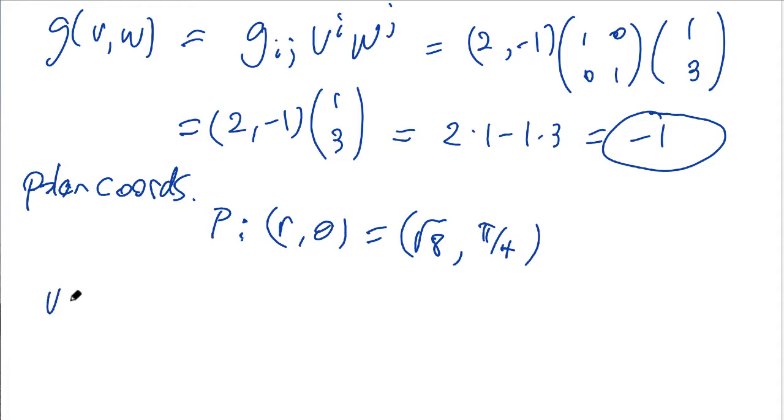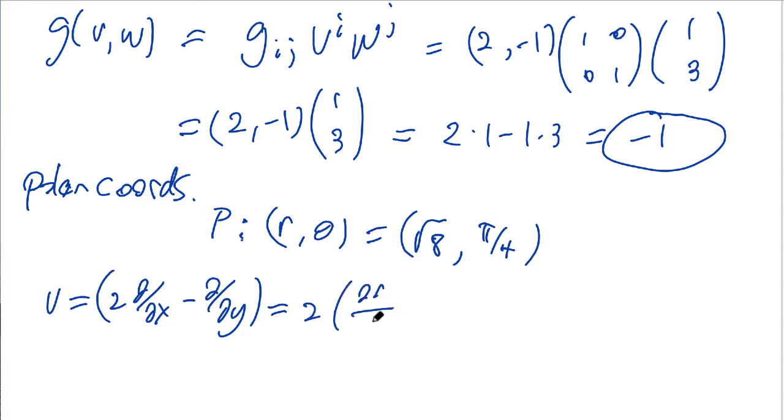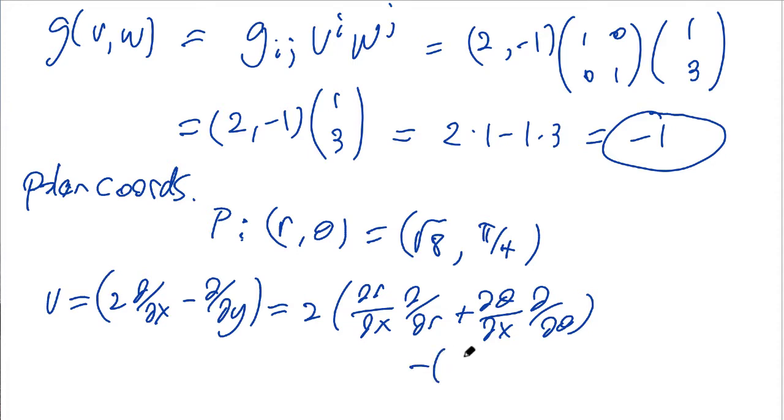All right, our vector v, that was 2 d by dx minus d by dy. Let's work that out in polar coordinates. That's 2 times partial r with respect to x, d by dr, plus partial theta with respect to x, d by d theta, minus partial r with respect to y, d by dr, plus partial theta with respect to y, d by d theta.